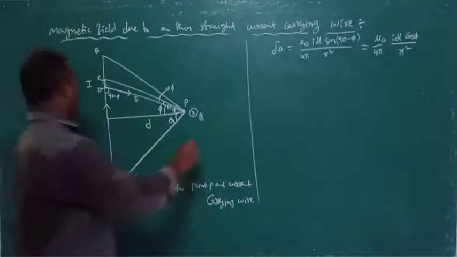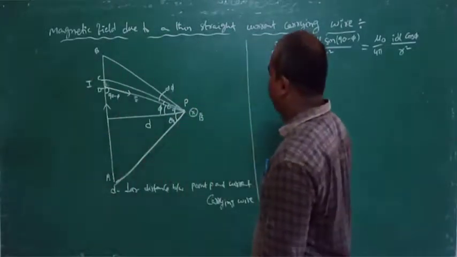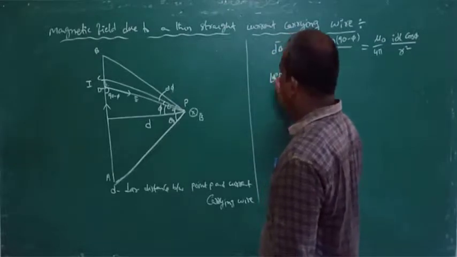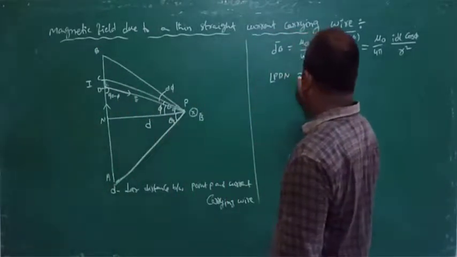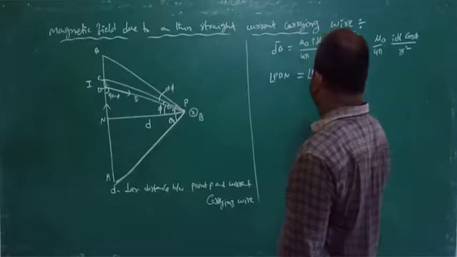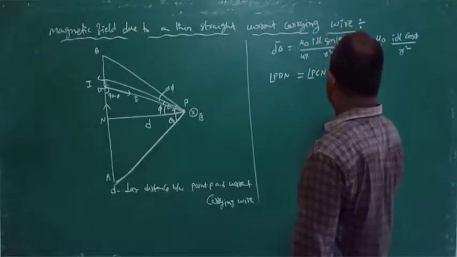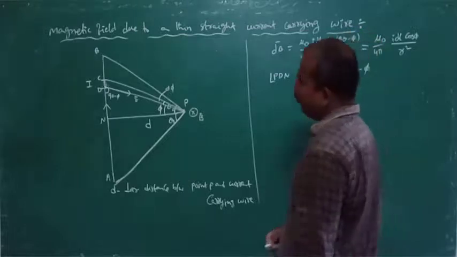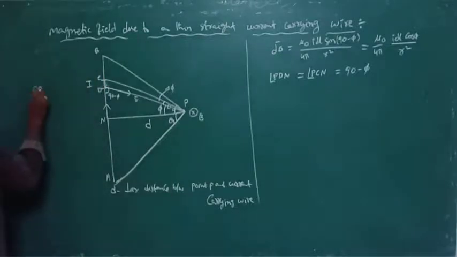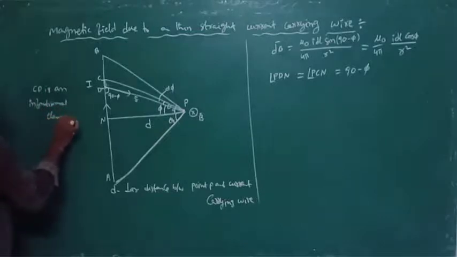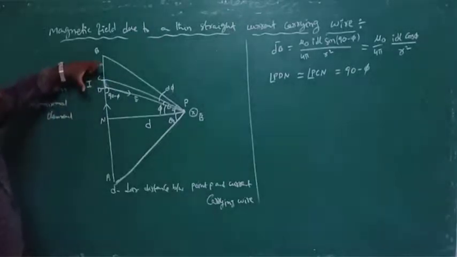Now consider triangle PDN, let this point be N. Triangle PDN is similar to triangle PCN, with the angle equal to 90 minus φ, because CD is an infinitesimal element, meaning its length is very small and can be neglected.